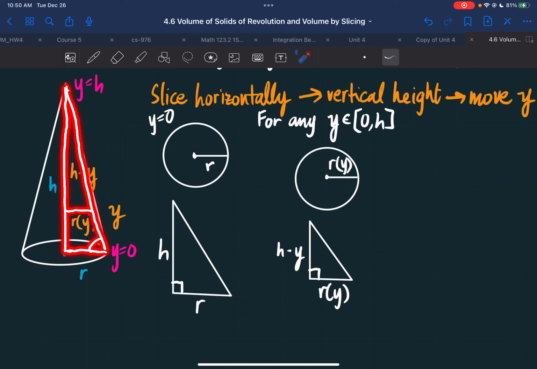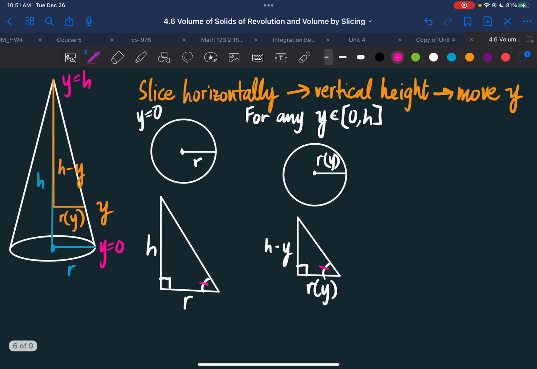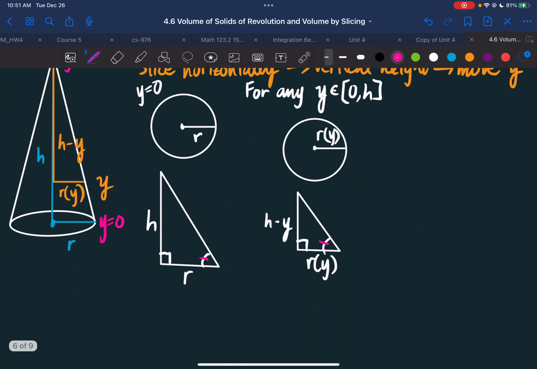So by what we know in geometry, this one would have the same angle right here. And so what we have are similar triangles. These two are similar triangles.